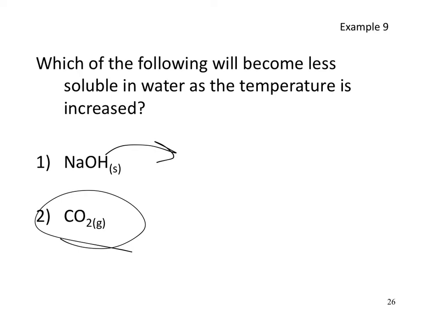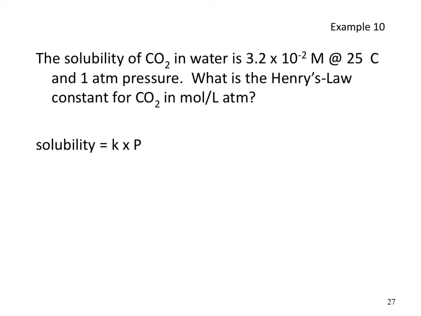Okay, let's go forward. The question is, the solubility of CO2 in water is 3.2 times 10 to the negative 2 molar at 25 degrees Celsius and 1 atm pressure. What is the Henry's law constant for CO2 in moles per liter per atmosphere?